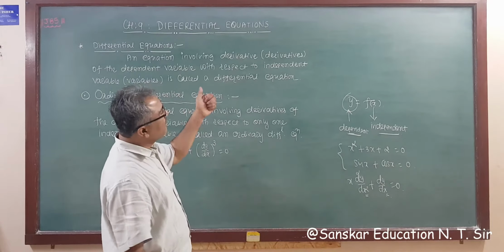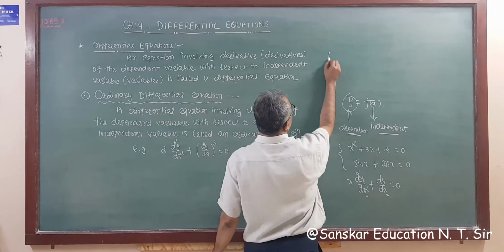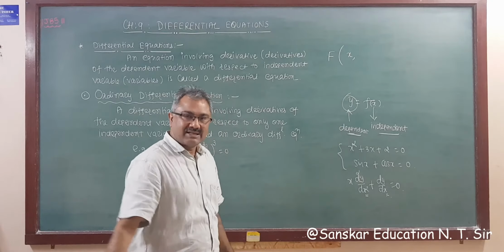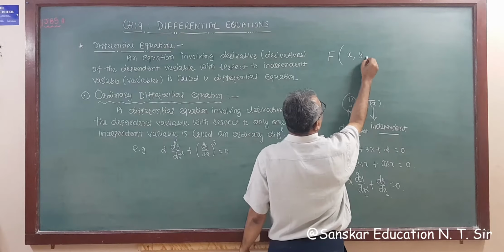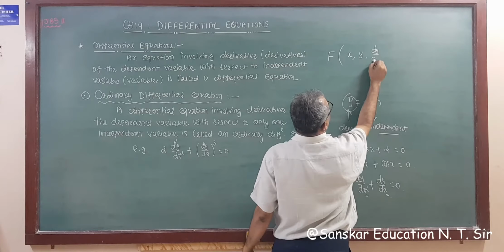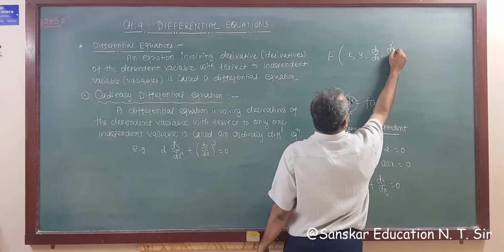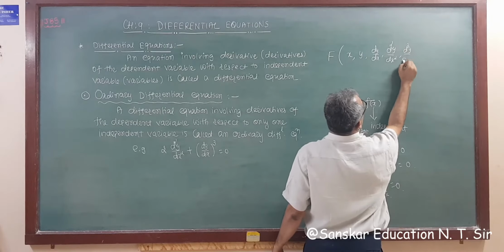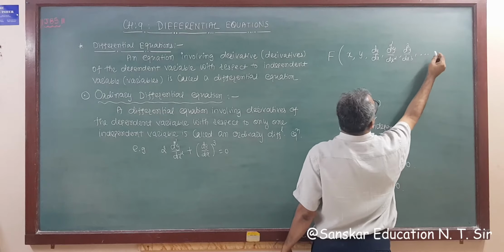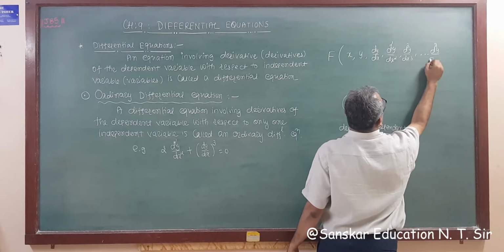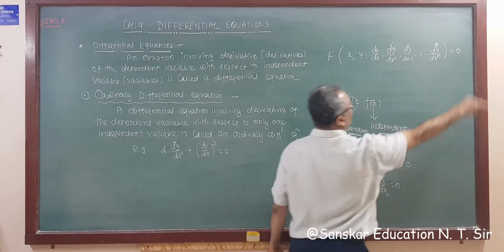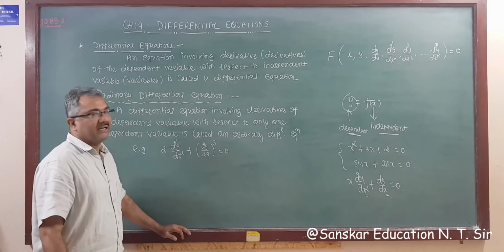If you want to write this differential equation in notation, you can write a function which contains the independent variable x, the dependent variable y and its derivatives, that is dy by dx, d square y by dx square, suppose d cube y by dx cube, or it may be up to the nth derivative, d^n y by dx^n, of the form F(x, y, dy/dx, ..., d^n y/dx^n) equal to 0, is called a differential equation.